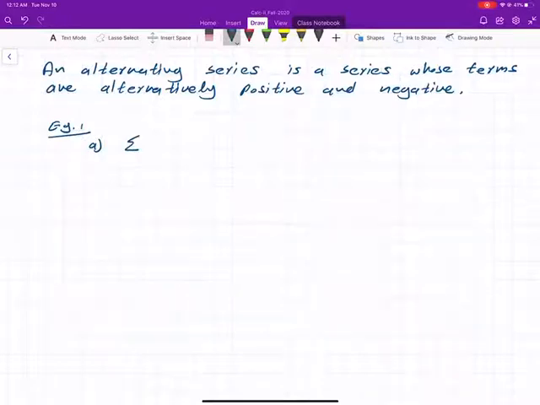The first example is sigma n goes from 1 to infinity, negative 1 to the power n minus 1, over n. If you expand this, the series will be like this.